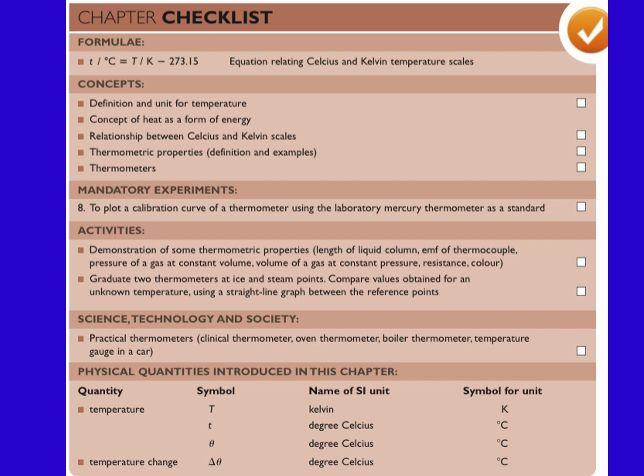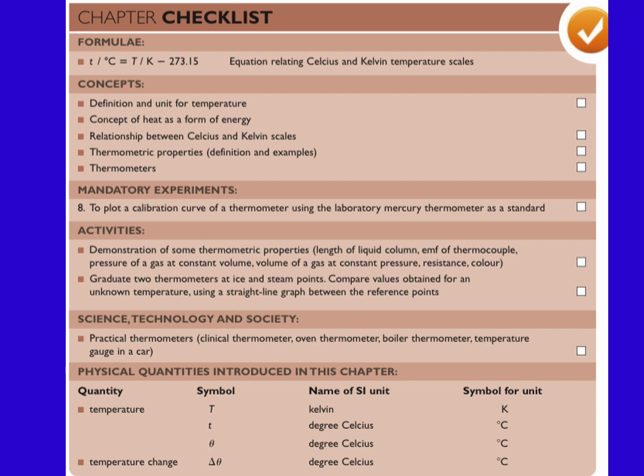One mandatory experiment in that chapter, so plotting the calibration curve, and if you have a question like you practiced here in the first class, having those 2 fixed points and some unknown in between, can you do that? And can you find that temperature for the unknown in the middle using a graph? All right.